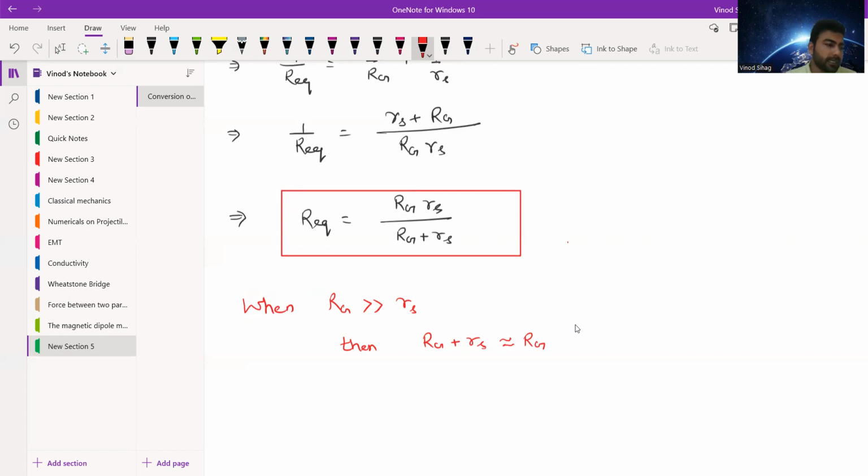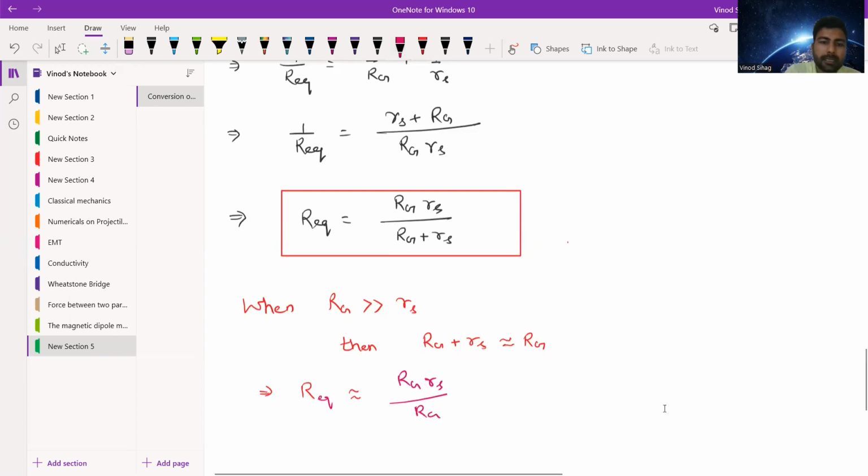Now, if it is Rg, then the above equation becomes R equivalent equals Rg into Rs upon Rg only.